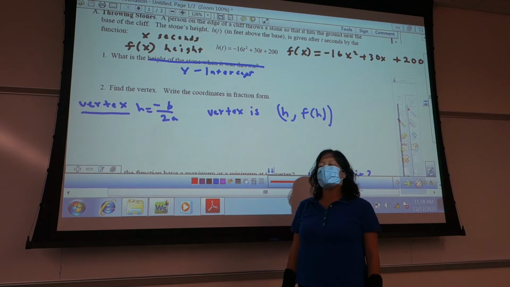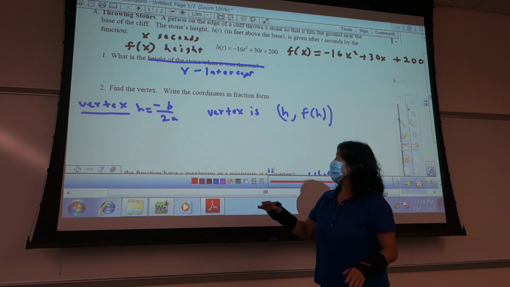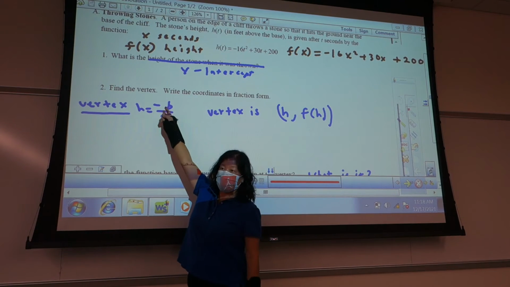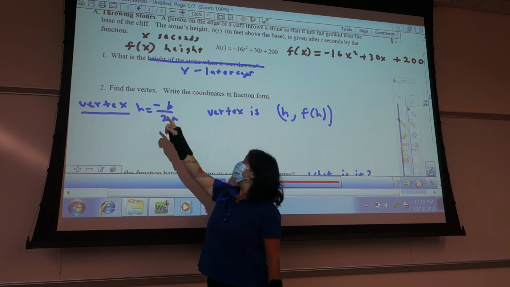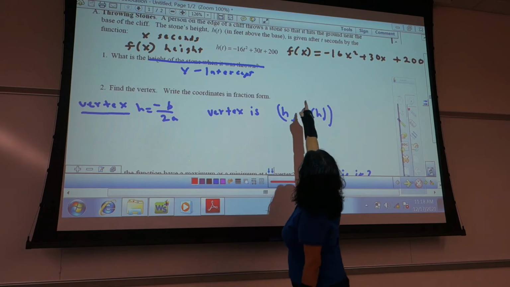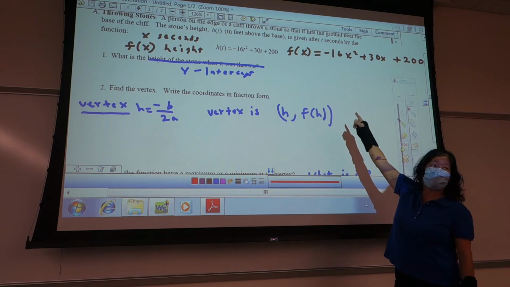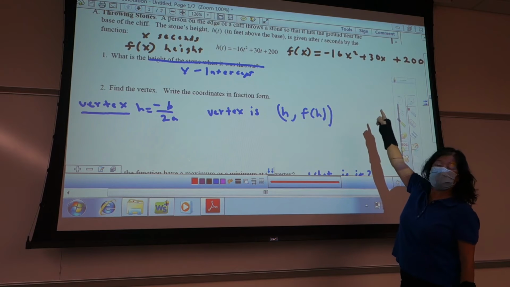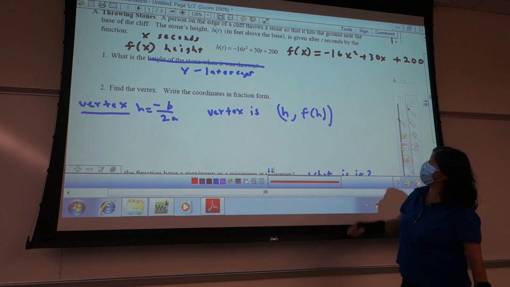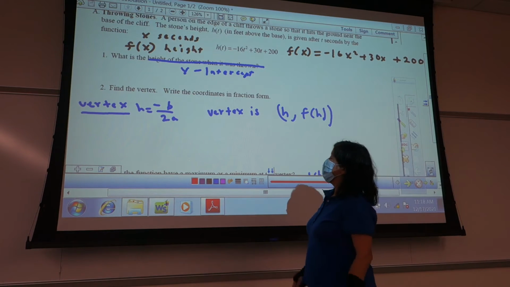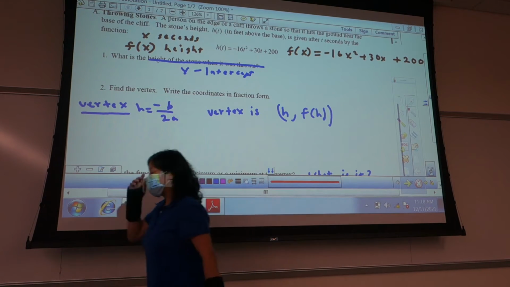Okay, let's stop for a second. Do you understand what A and B are? Yeah, I know what A, B, and C are. A is your coefficient in front of x squared. B is your coefficient in front of x. C is the constant, just a plain number. I got that.